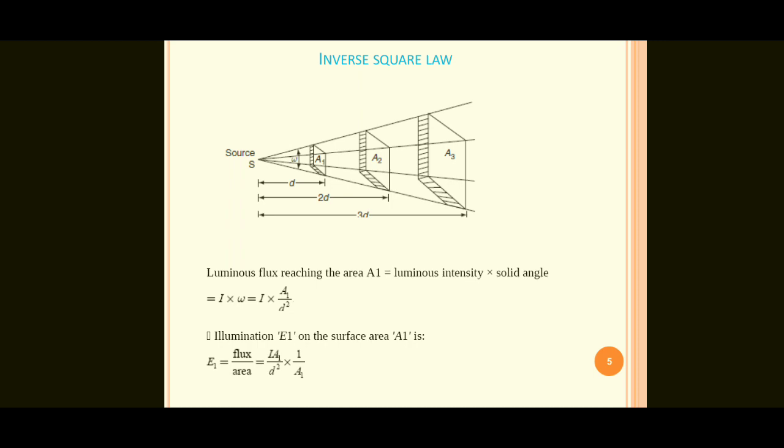For area A1 the distance is D. For area A2 the distance is 2D. Similarly for area A3 the distance is 3D. So the luminous flux reaching the area A1 equals luminous intensity into solid angle.